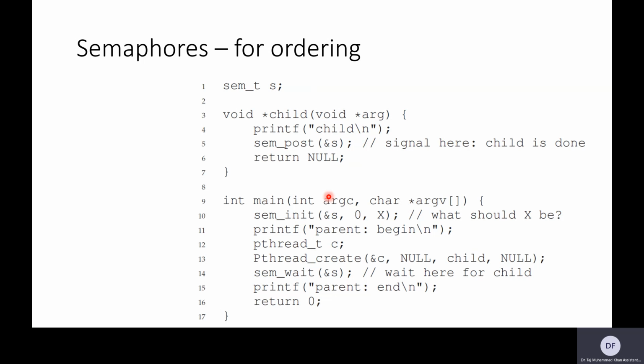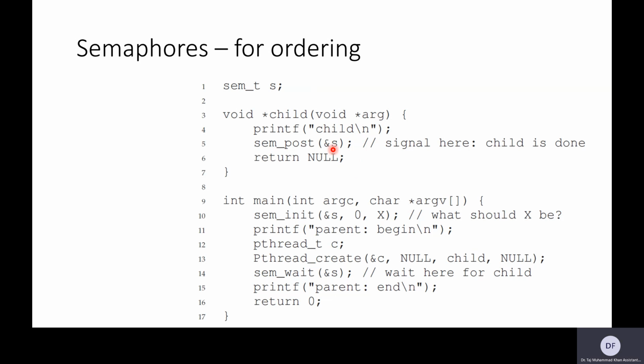And some other thread, after fulfilling that condition, will call signal on that condition variable, and the waiting thread will wake and start running. Okay. So the first thread waited until that condition was fulfilled, and only after the condition was fulfilled, it woke up and continued its execution. So how can we reproduce the behavior of a condition variable using semaphores?